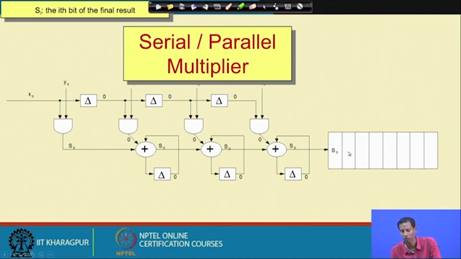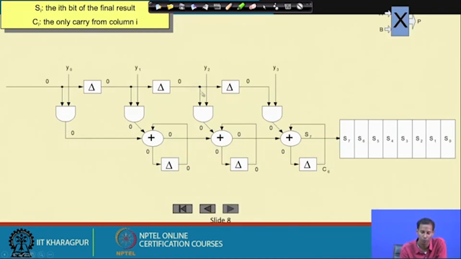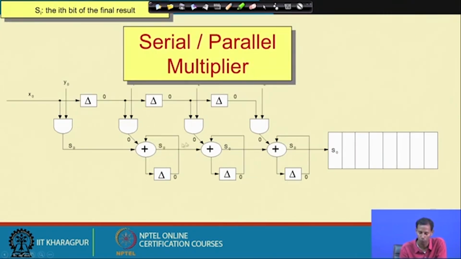Then S1 will come over here. Then in the next clock, x0 will now come over here, x1 will be here and x2 will be here. So, that means x2y0, then x1y1 and x0y2. All together they will be added, and then that will come as S2 over here.